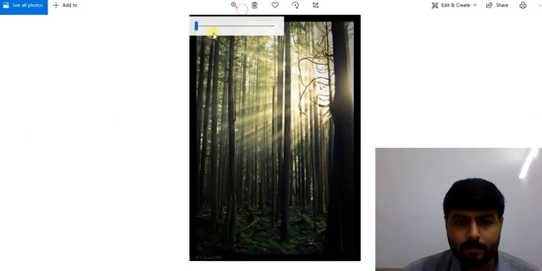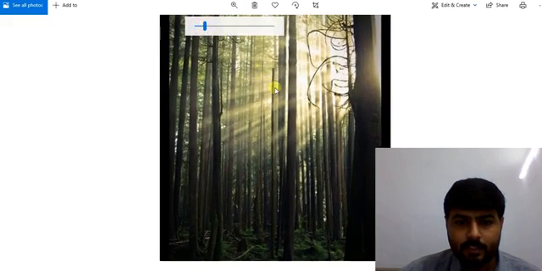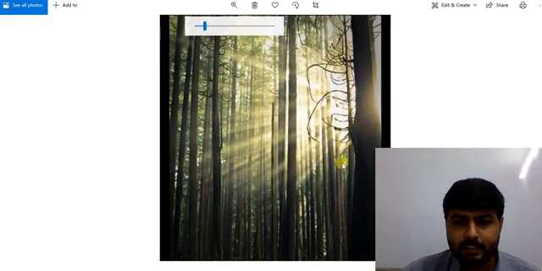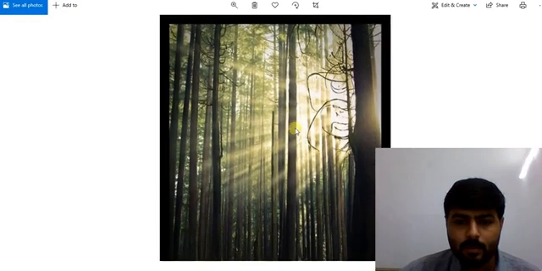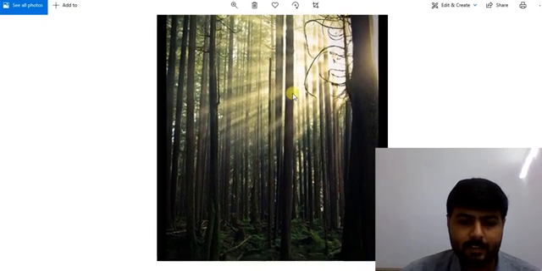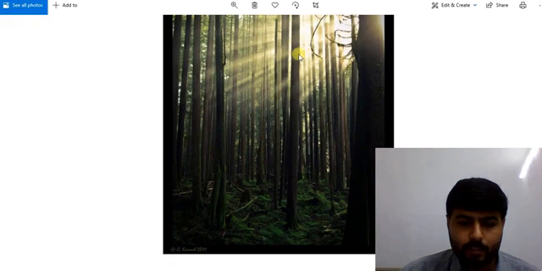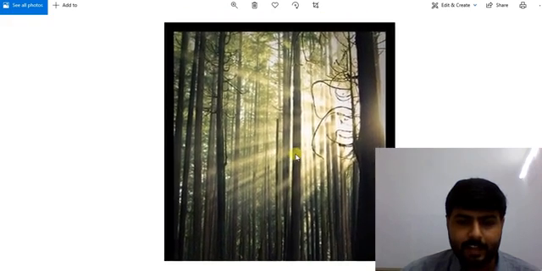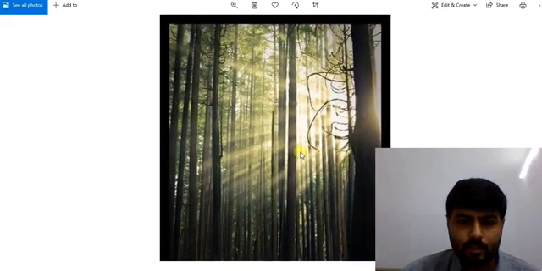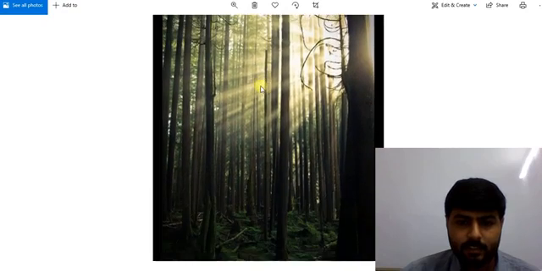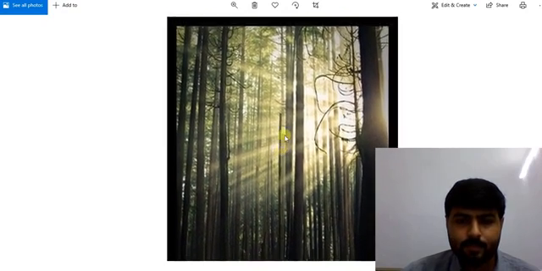Here you can see the path of light that is visible. This is what we call the Tyndall effect. This is the picture of a forest, in which you can see the path of light when light enters the jungle.